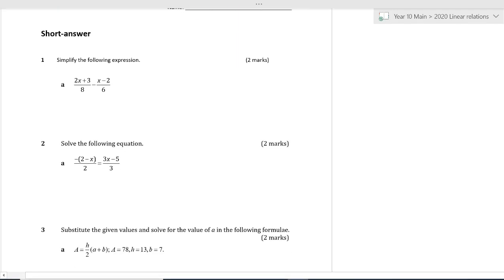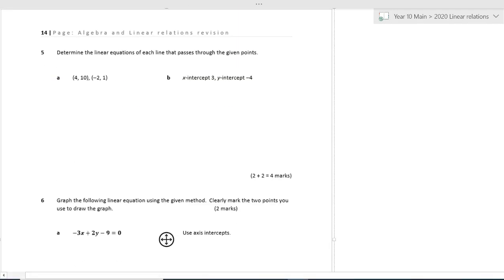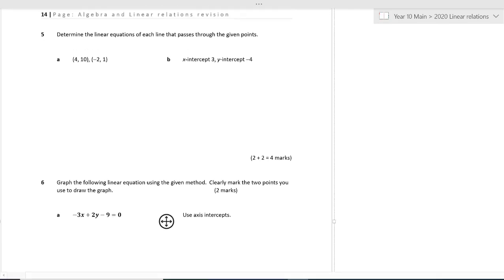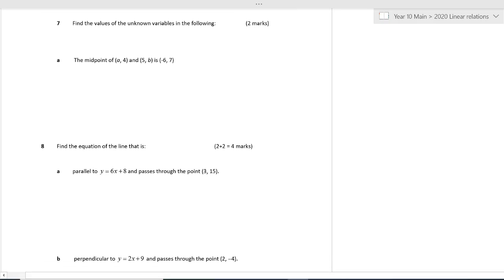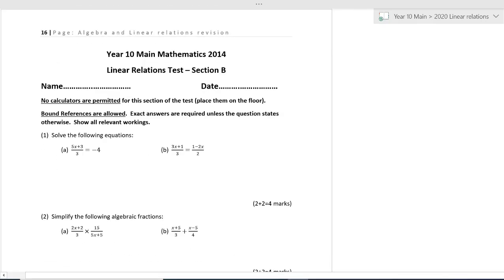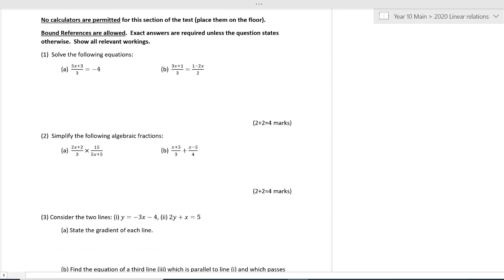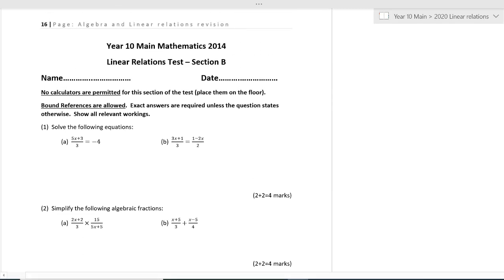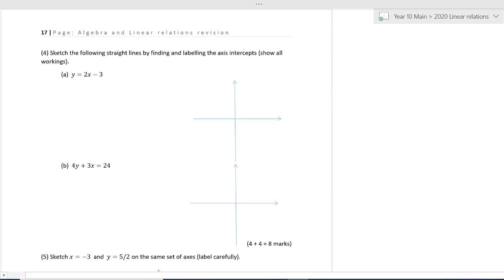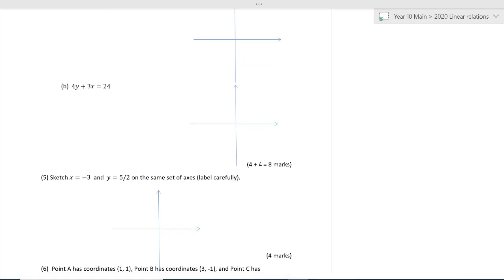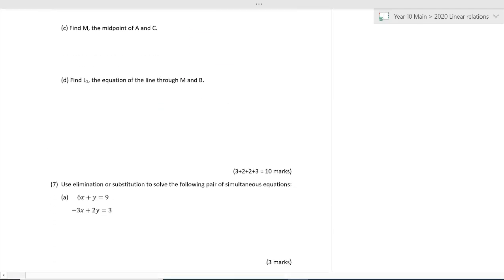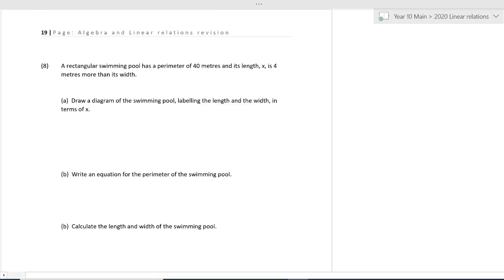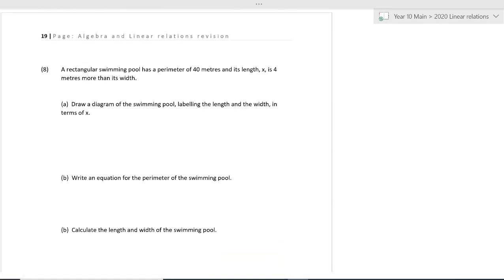More algebraic fractions, substitution, sketching more lines, and finding midpoints and things. There's some questions which look a little bit different, but they're very similar to what we've been doing. Again, sketching lines. So if you've watched both parts of the video, you really have been through every concept that we have for this unit. And of course, that's the last page there, 19.